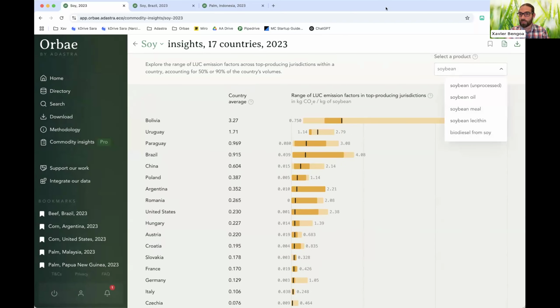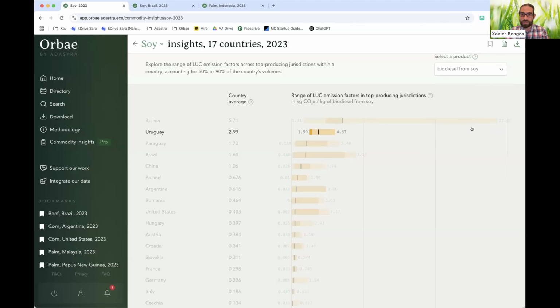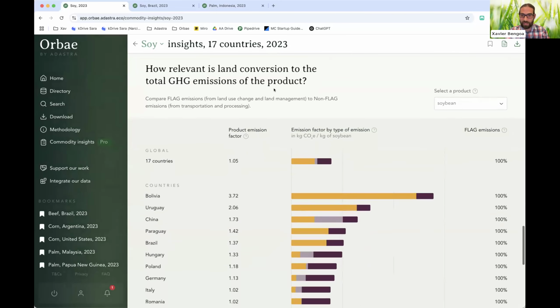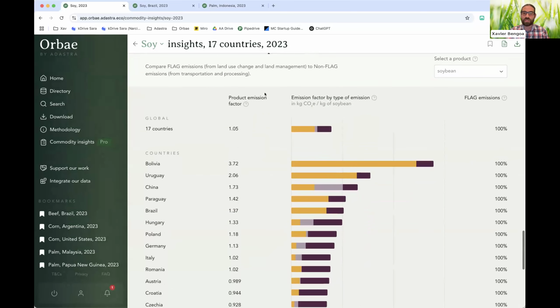You will also discover that such emission factors are provided for a variety of products, being soybean or processed soy into different forms like oil, meal, or biodiesel, for instance. Same thing for other crops. And last, it's also about understanding the materiality of land use change in the bigger picture.